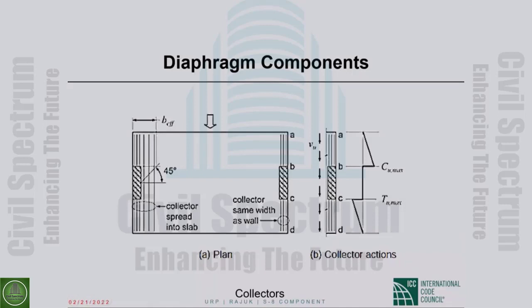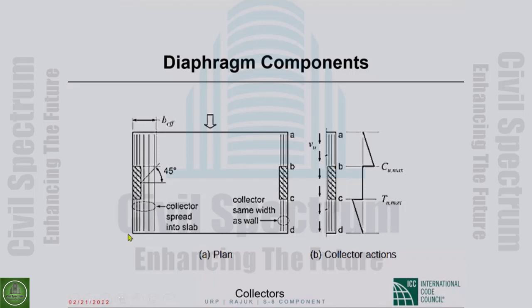They collect the shear force and deliver it to the resisting shear wall. Collector element. Okay, so we have to put reinforcing bars to carry the tension. The same reinforcing bars will be here because if the earthquake direction reverses, that portion of the collector will be in tension.